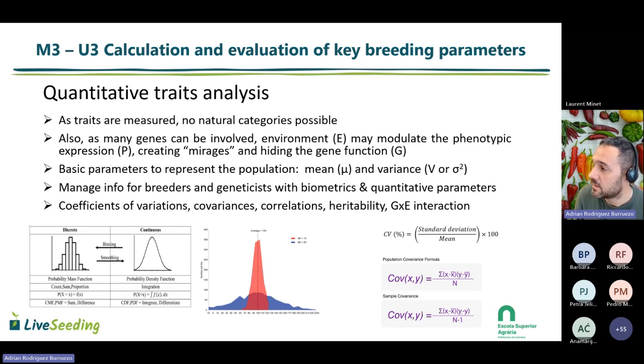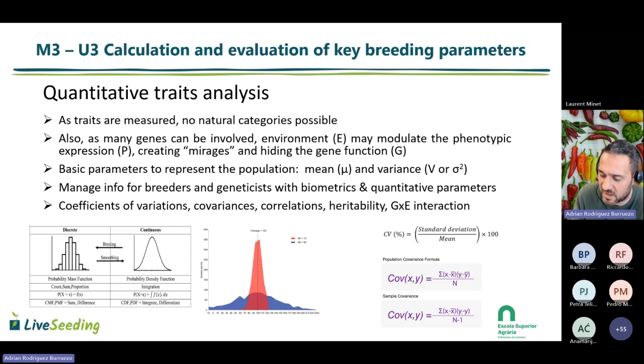And for this, the most basic and easy parameters to represent what happens with a segregating population in terms of inheritance are the mean and the variance. With the mean, have a look at the picture in the middle. With the mean, we know the general value of our population. This population is 5.5 on average. Good.